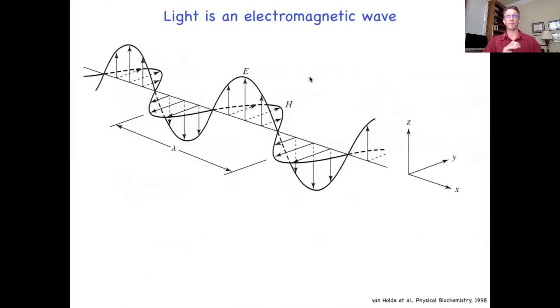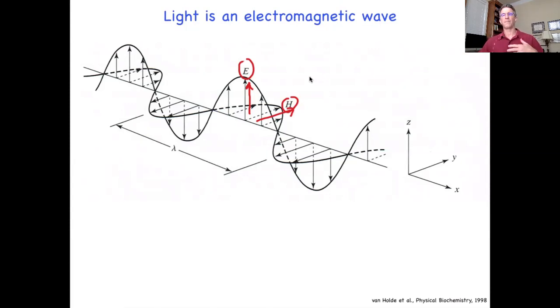And you guys hopefully all remember this from your basic high school physics, that light is, of course, this oscillating electromagnetic wave with orthogonal electric field and magnetic field components that oscillate in space.